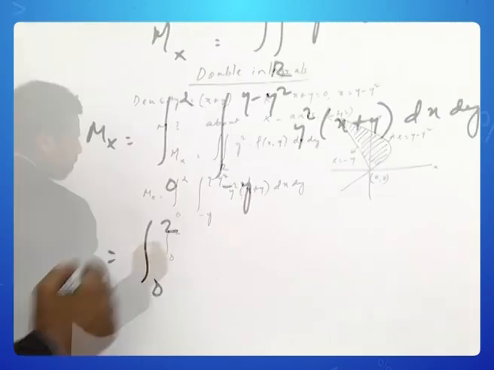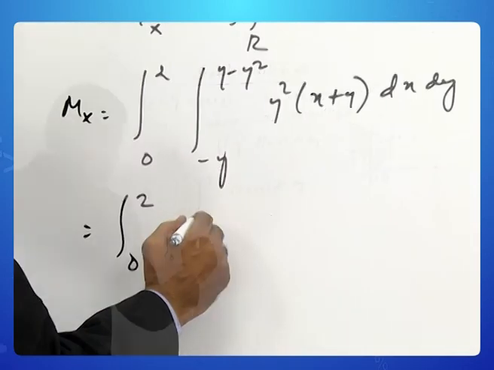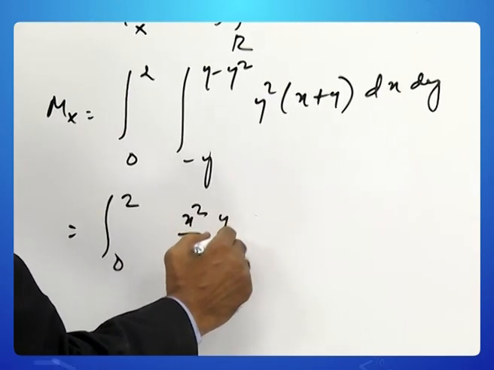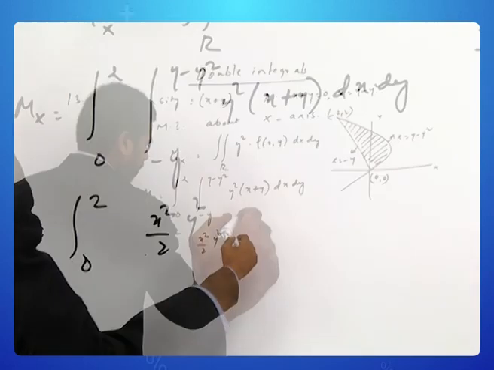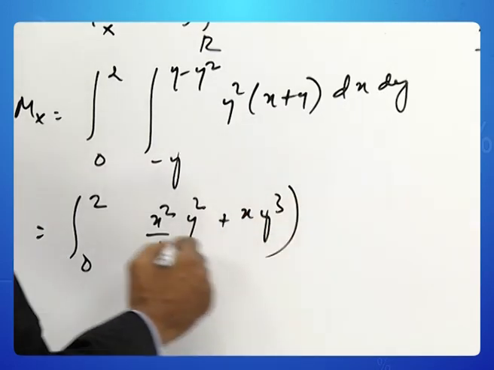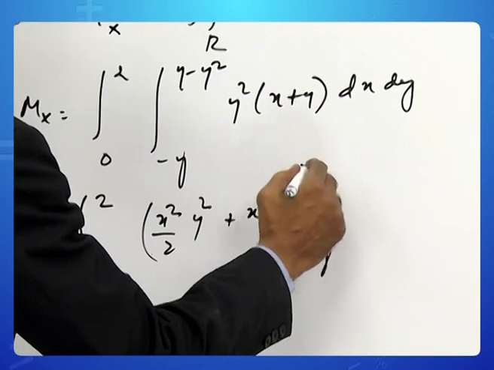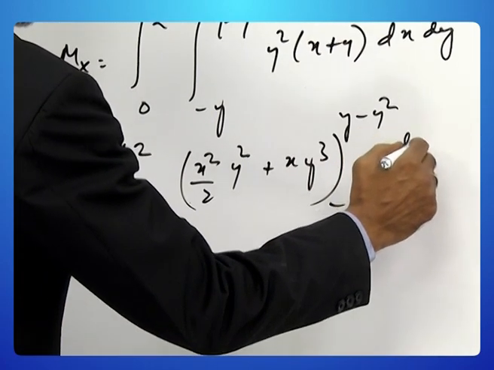So 0 to 2, with respect to x would give us x squared by 2 times y squared. y cubed when integrated with respect to x is x y cubed, minus y to y minus y squared.